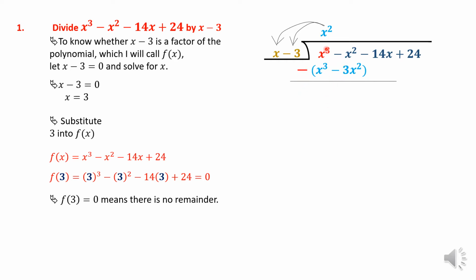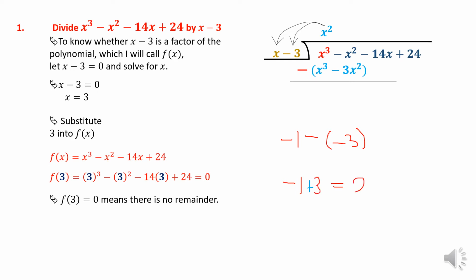Now when you do this, the x cubed terms cancel. But you must be a bit careful here, and I suggest that you should revisit your directed numbers. Essentially you have got a minus 1 minus negative 3, if I just take the coefficients. So that double minus in the middle becomes a plus. You must make sure that you do not make a mistake, because the moment you make a mistake, you're going to have a problem.